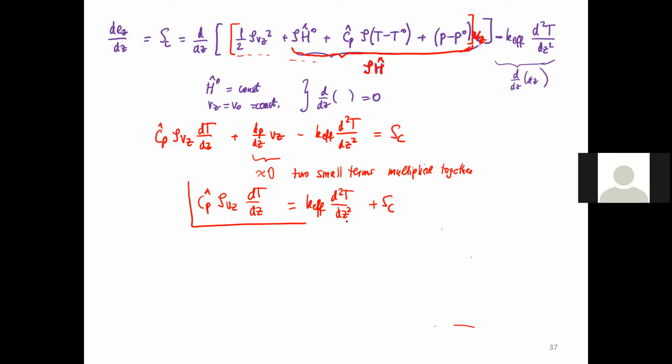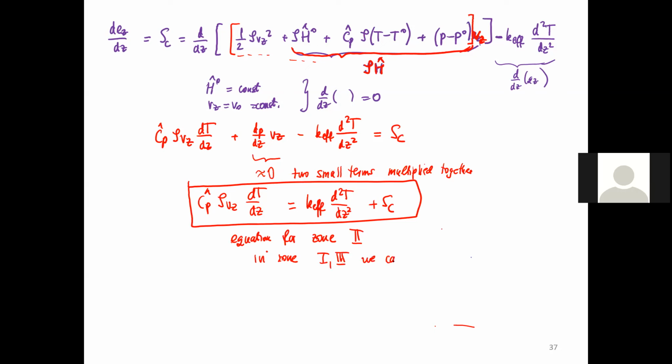So this is the equation for zone 2. In zones 1 and 3, the same equation applies, but we can put Sc to be 0.